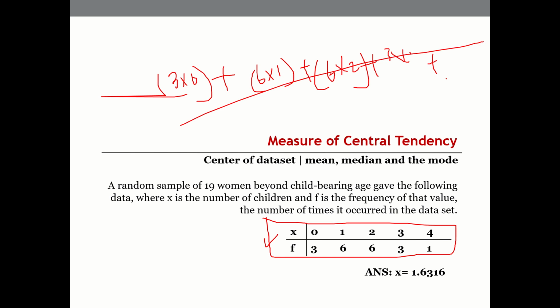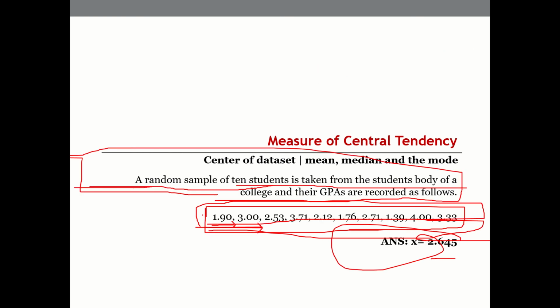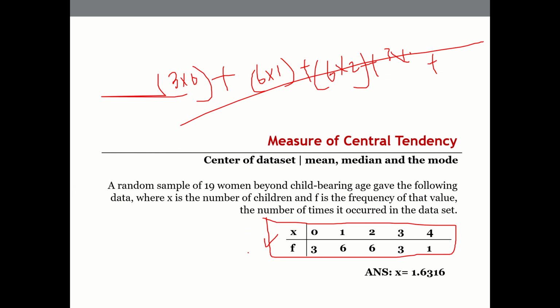So we should be able to calculate the mean if I give you a raw data set, like this listing of data, or if we get a frequency table, we should be in a position to calculate the mean value of the data set that we have.